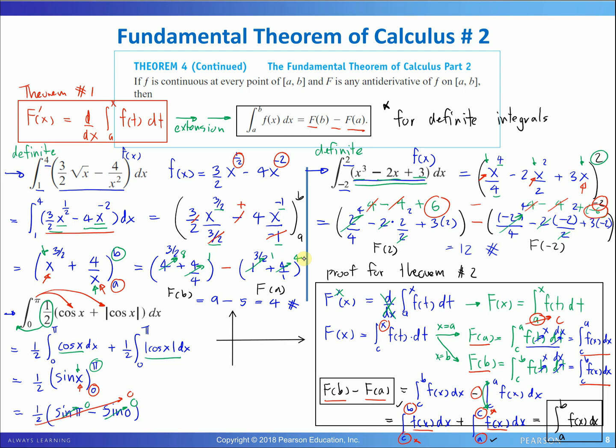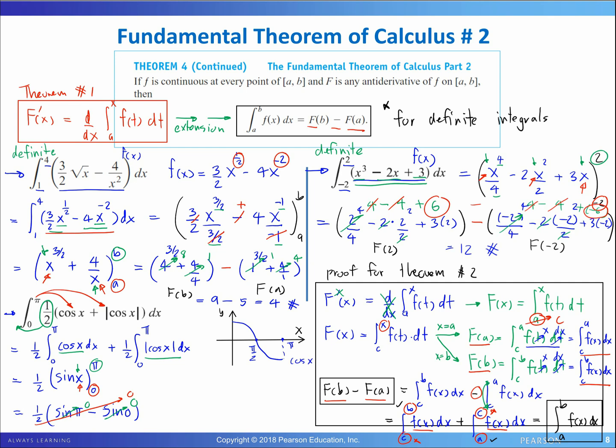So y right here and x right here. First, we plot the graph of cosine of x, and it's gonna look like this. Right here is pi over 2, and over here is pi. And this is the graph of cosine of x.